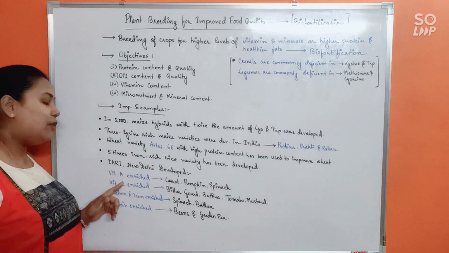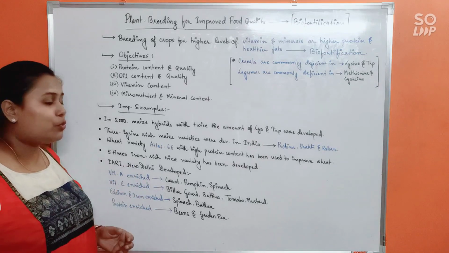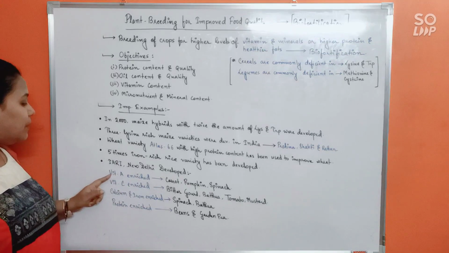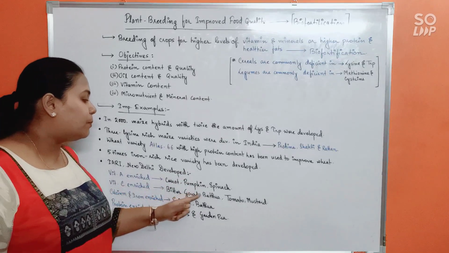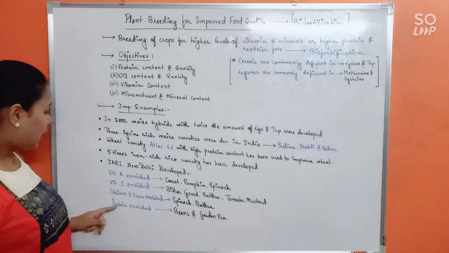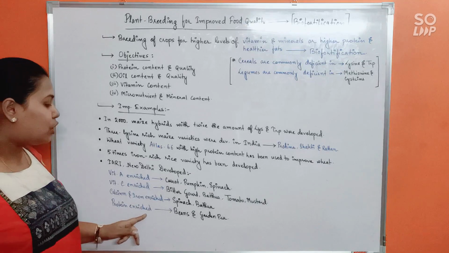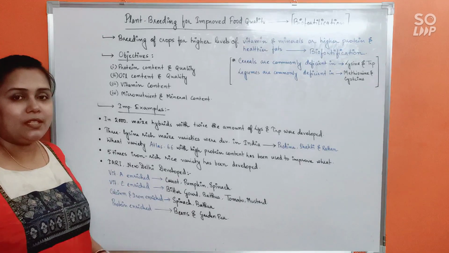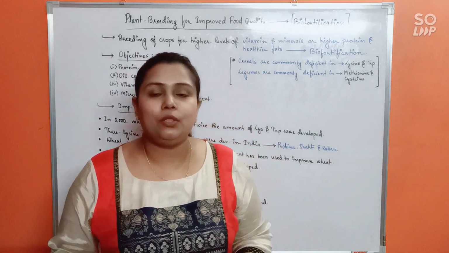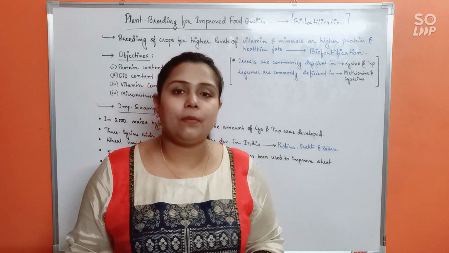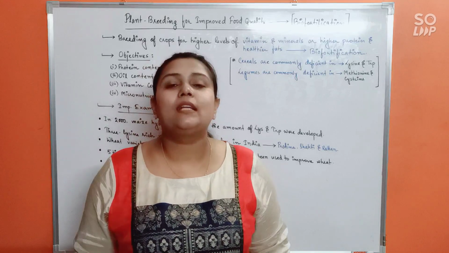And then Indian Agricultural Research Institute, New Delhi has developed various varieties enriched with different nutrients like vitamin A enriched carrot, pumpkin and spinach, vitamin C enriched bitter gourd, bathua, tomato and mustard, calcium and iron enriched spinach and bathua, and finally protein enriched beans like French beans, flat beans, etc. and garden pea. Okay. So this is all about biofortification. The examples are very, very important. So with that, we end the class here itself. In the next class, we'll start with single cell protein.